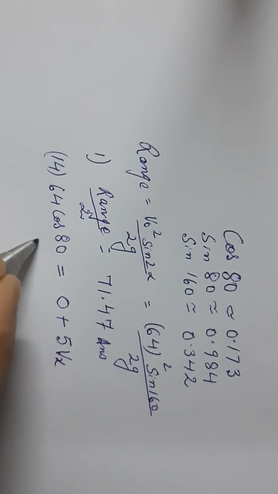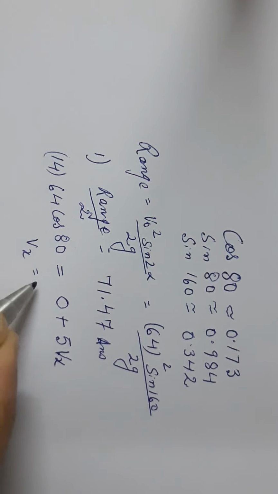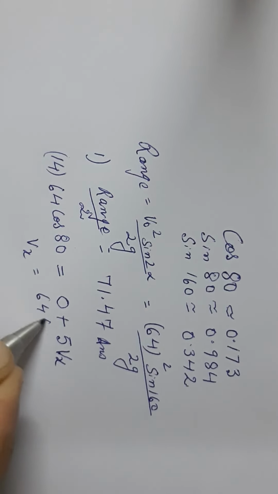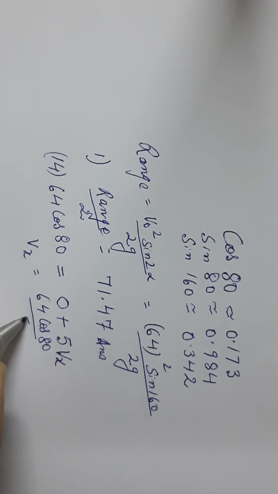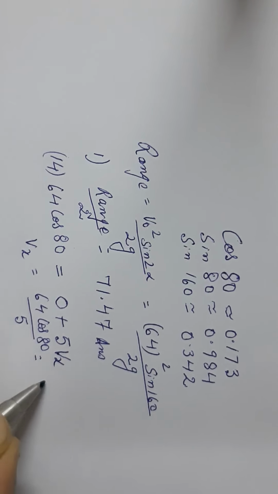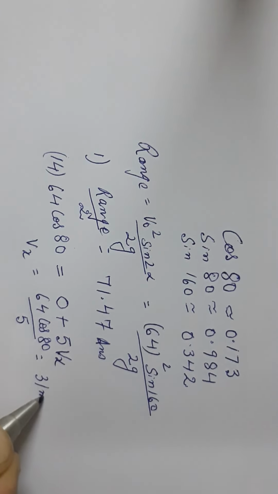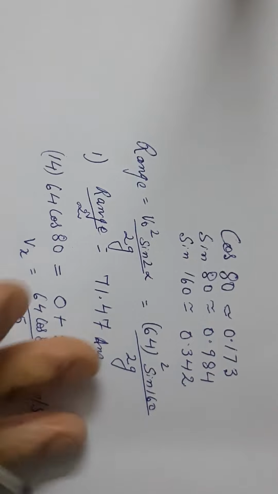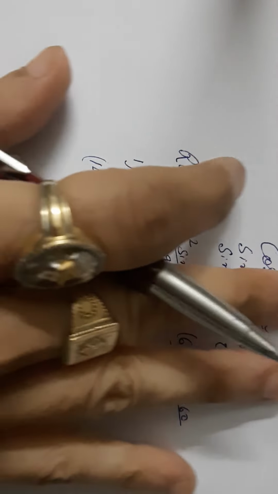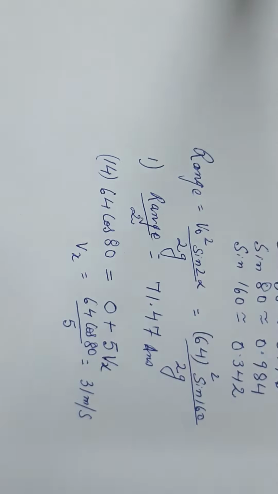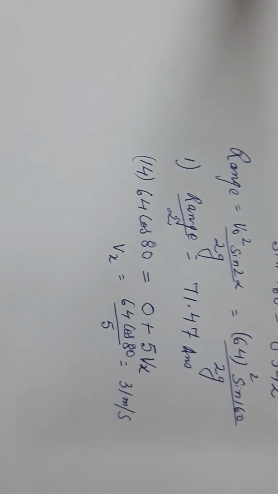Calculating Vx, we get Vx equal to 64 cos of the angle 80 degrees divided by 5. This gives 31 meter per second. So the particle which continues its journey is moving with 31 meter per second.